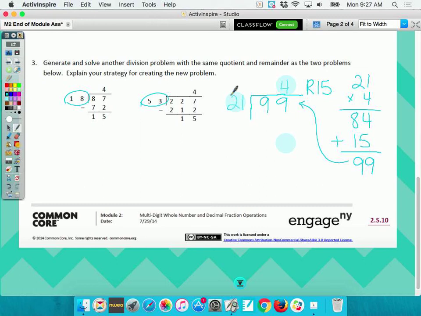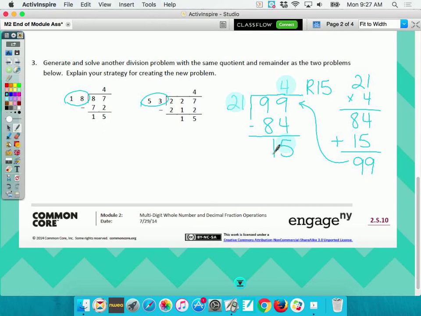But you need to multiply your divisor times your quotient and add your remainder to solve this problem. Now what if you don't trust yourself? Can't you just do it? So what's 21 times 4? 84. What's 9 minus 4? And 9 minus 8. Did it work?